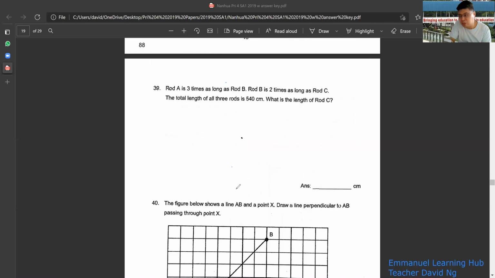Because 99% of my students, when I go through a paper a second time, they could do the question. Then for your case, you still struggle to do the question. That means you have to really brush up a lot on your multiplication timetable.